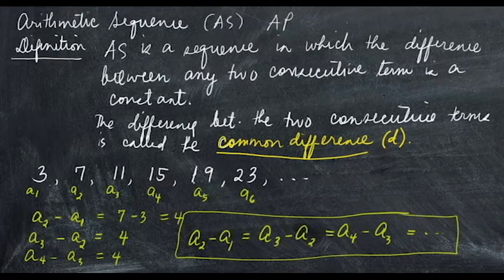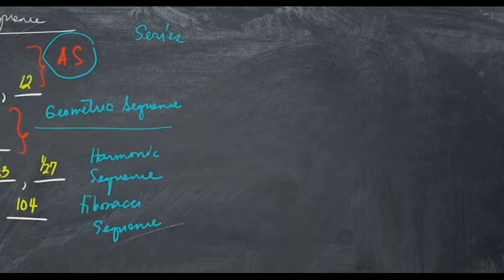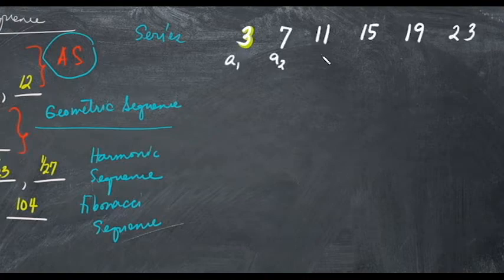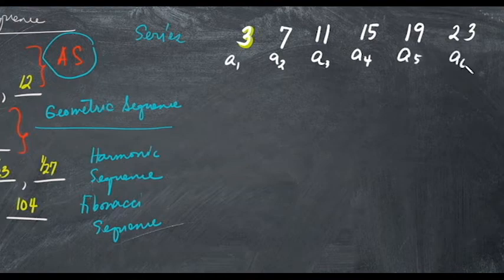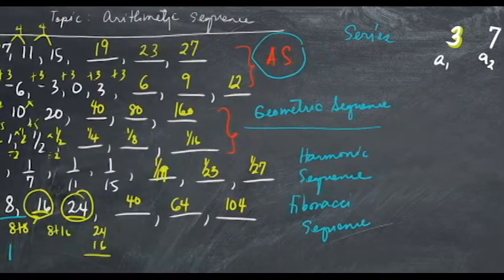Now let's have again the sequence: 3, 7, a sub 6, and so on. What is the definition of common difference?